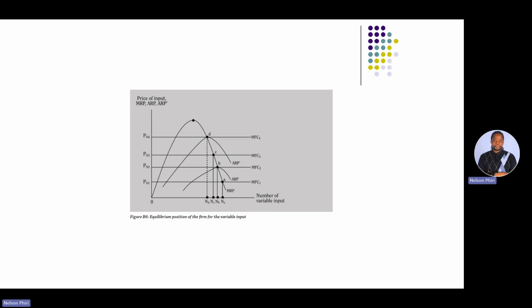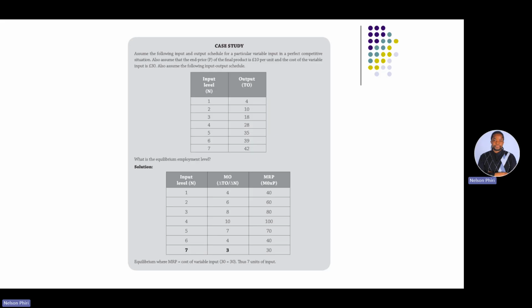Now let's move on to the next point, which is when we look at that case study. In that case study, we want to look at the equilibrium condition. We're given information about total output, which is 4, 10, 18, 28, 35, 39, 42.